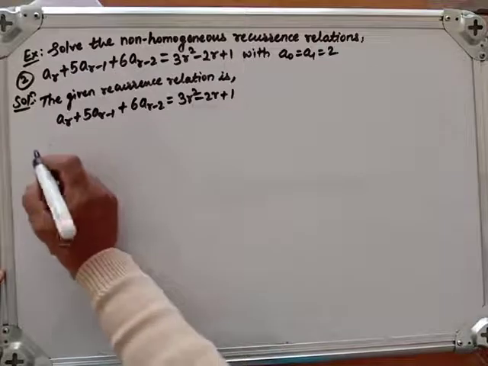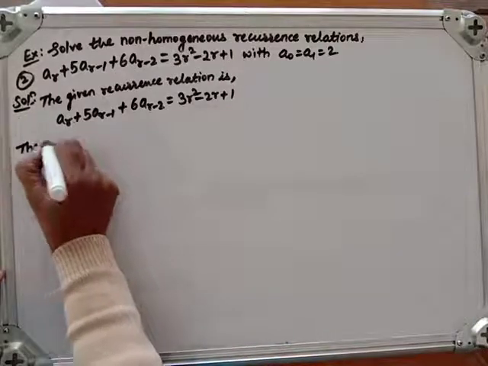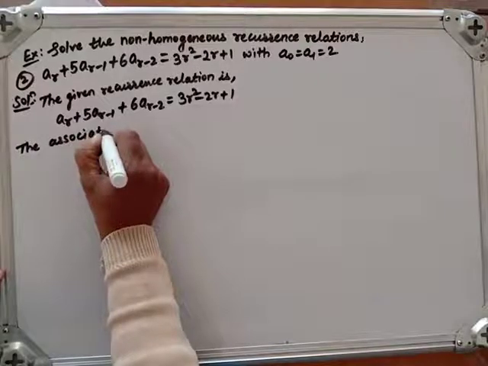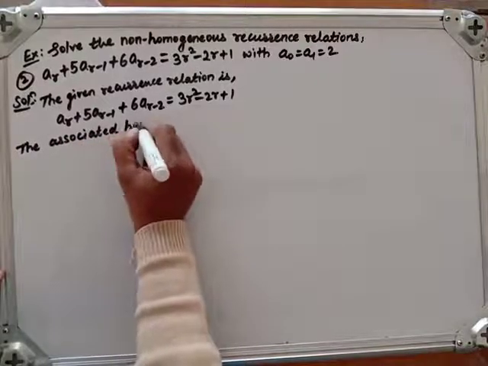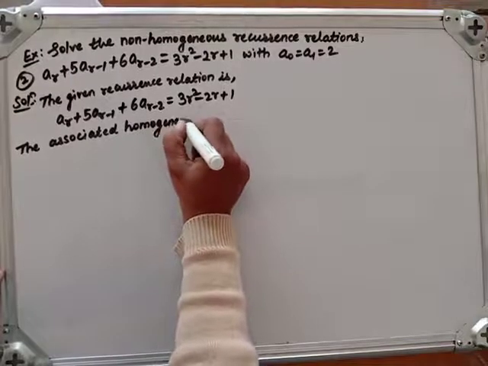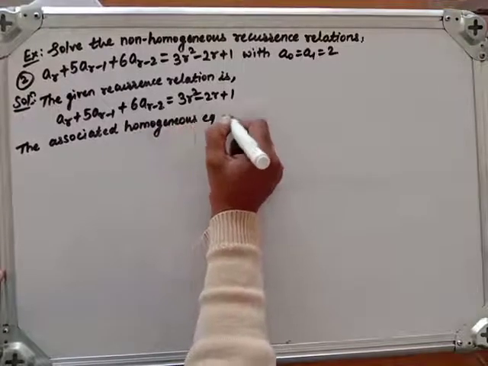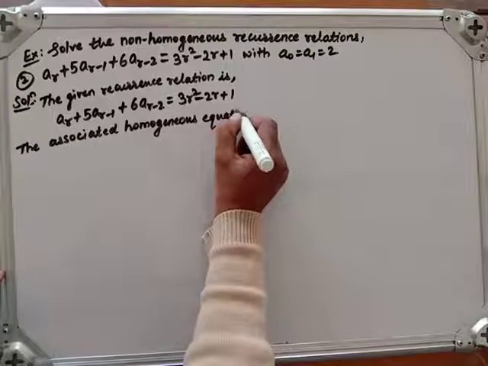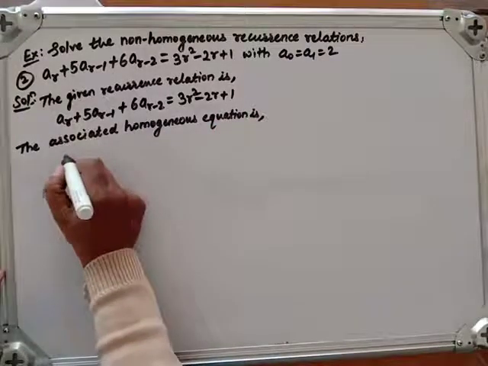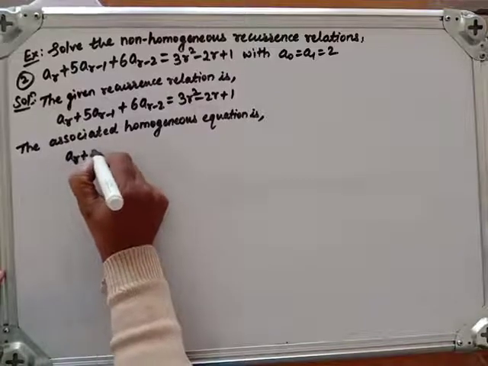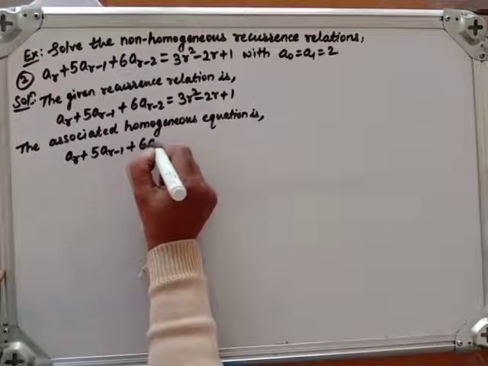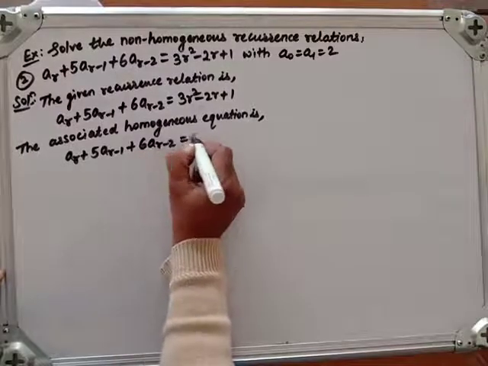Now the associated homogeneous equation is AR plus 5AR minus 1 plus 6AR minus 2 is equal to 0.